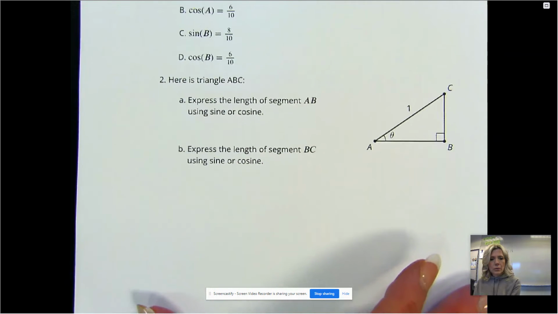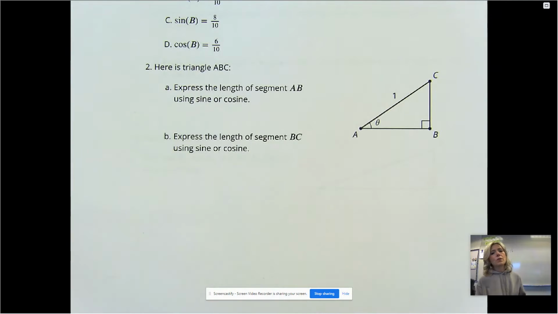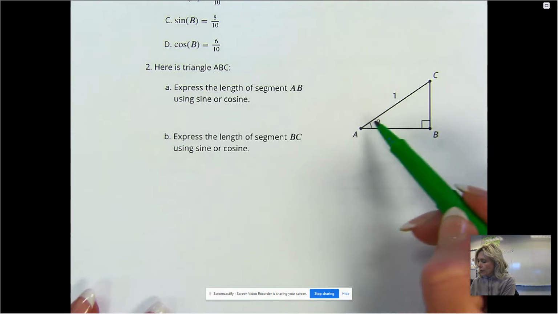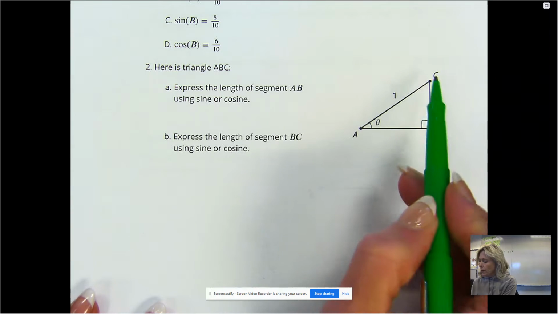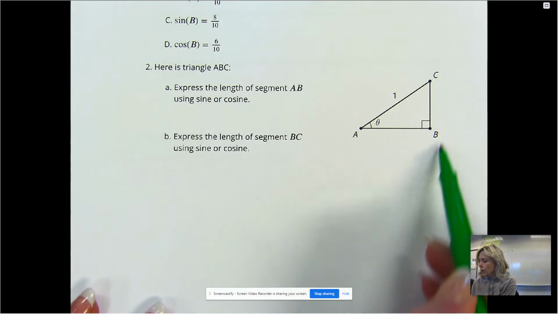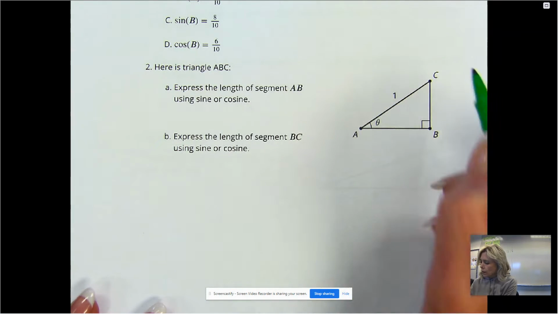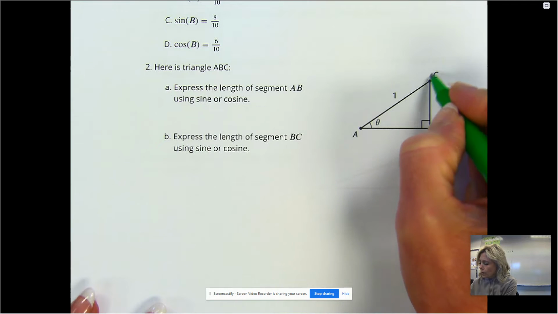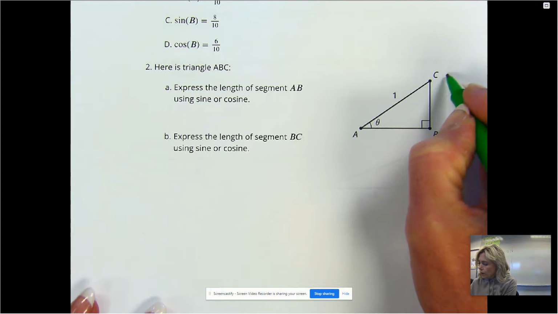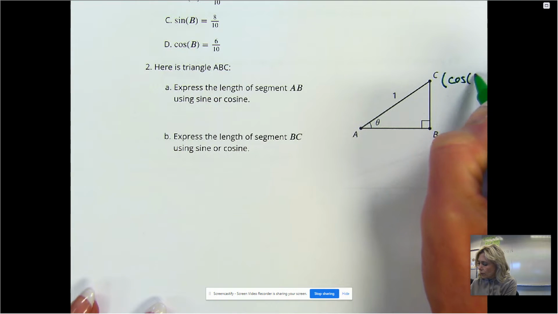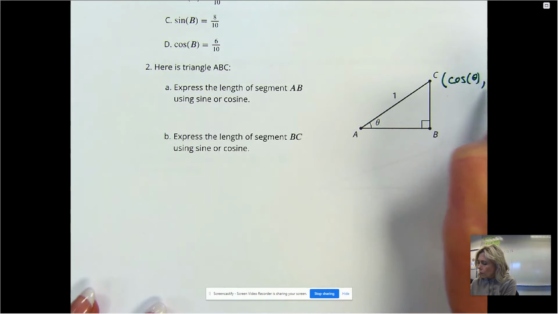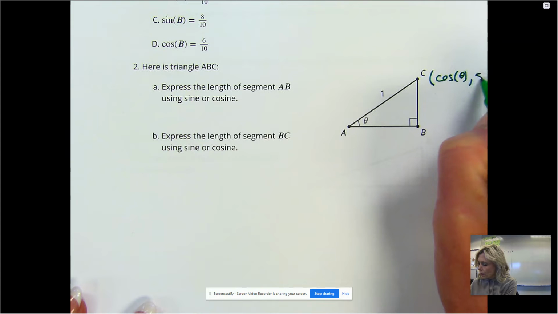Number 2. So number 2, this is kind of like what we were trying to get to at the very end of class. Understanding that when this has a length of 1, if this triangle were on a circle, then the coordinates of this point right here, the x value would be the cosine of the angle, and the y value would be the sine of the angle.